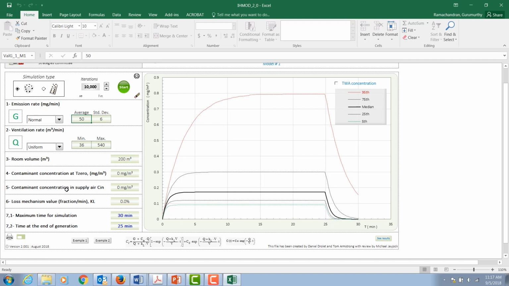So the way to interpret such a graph is that for the range of values that the generation rate and the ventilation rate can take, we can expect a range of output values ranging from somewhere around the 5th percentile to the 95th percentile. So this is the uncertainty. At every point in time, we can say from the 5th to the 95th percentile, this is the range of values that the concentration output could be located in.